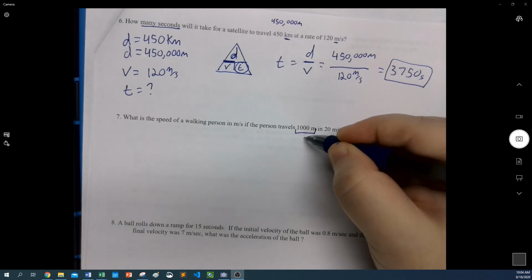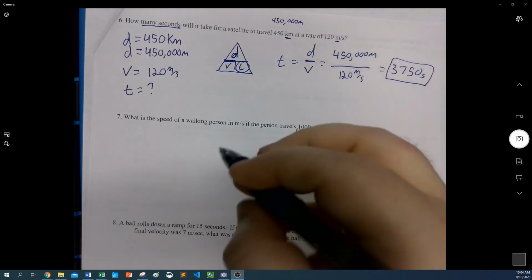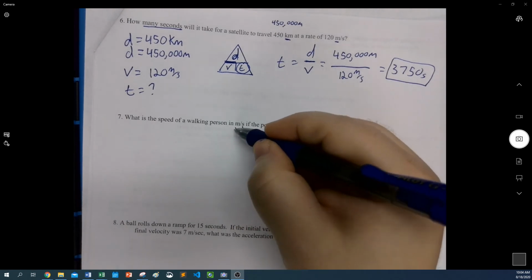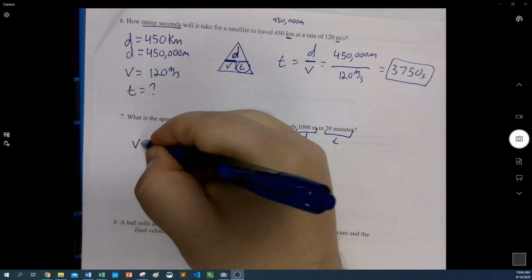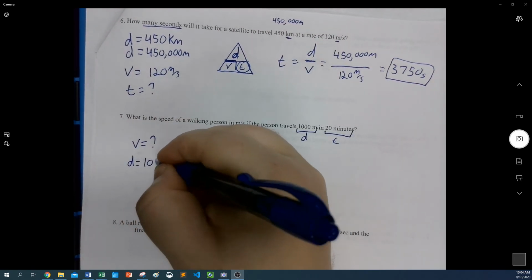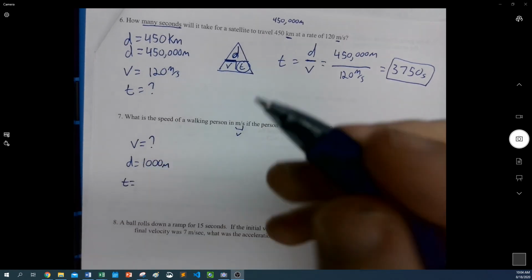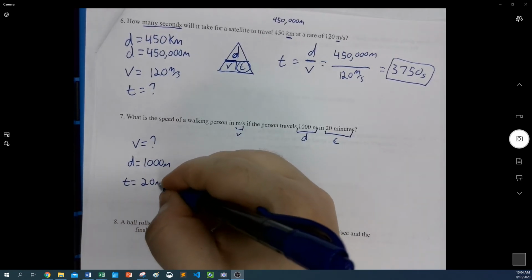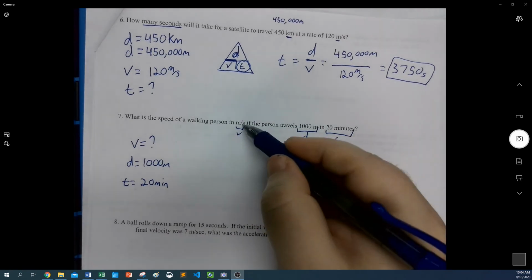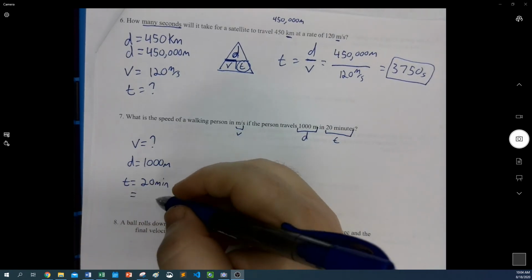So 1,000 meters is our distance, 20 minutes is our time, and we're looking for velocity in meters per second, so we're looking for its speed. His distance is 1,000 meters. Time is equal to 20 minutes, but we need it in seconds, so we multiply this by 60.